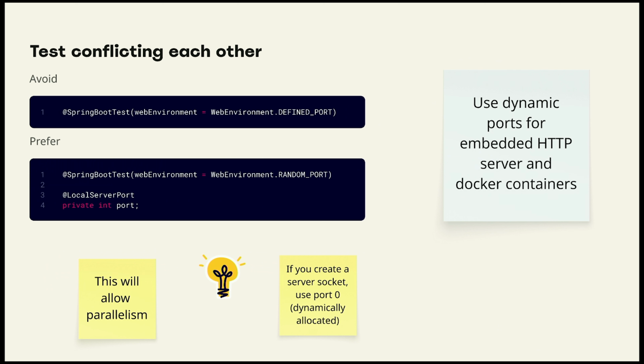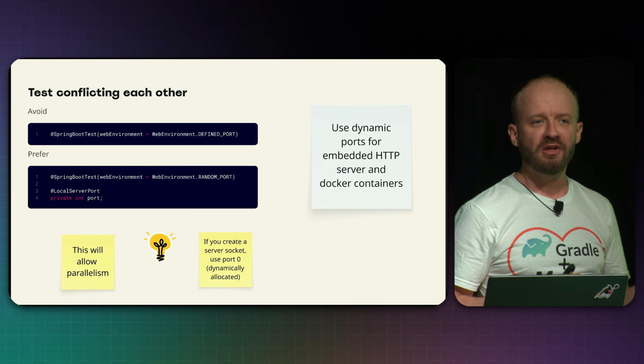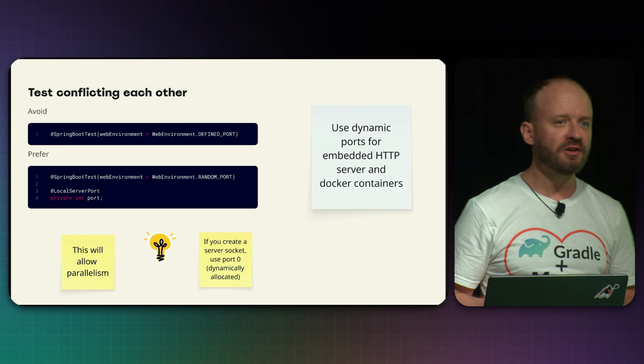When you increase the parallelization of your build, one of the problems that will probably happen is tests conflicting with each other. That wasn't happening before. Especially this problem can affect your integration tests.